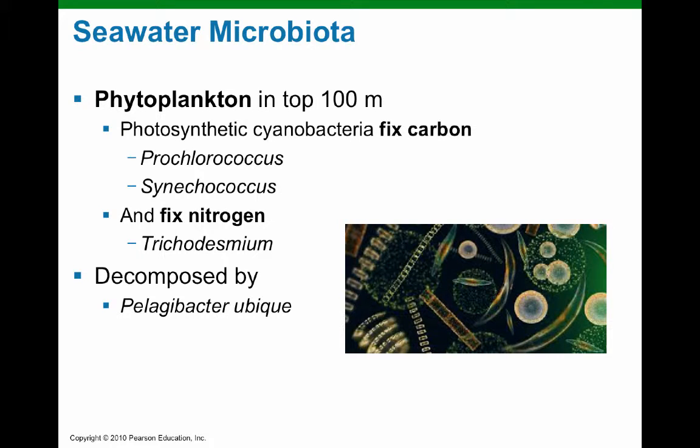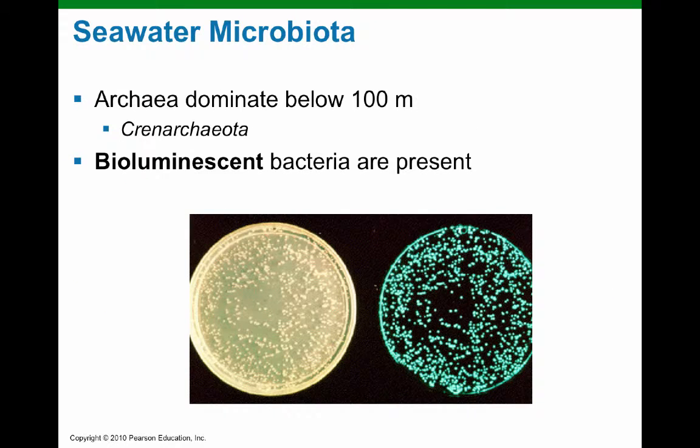So this is just another bacterial species that you would find within this zone. And also you would find below 100 meters bioluminescent, potentially, bacteria that can produce light from photons.